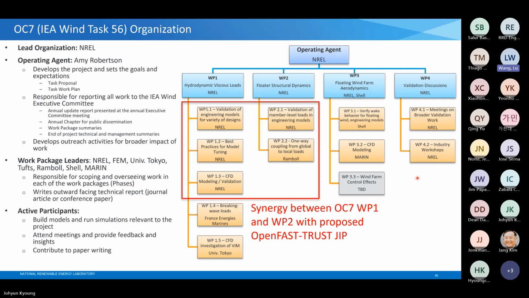We have work package 1.2 on developing recommended practices for hydrodynamic modeling, and finally work package 1.3 on some hydro-focused CFD simulations. In work package 2, we have 2.1 on the validation of member-level loads from engineering hydroelastic models, and also 2.2 on the one-way global to local load mapping for structural analysis.